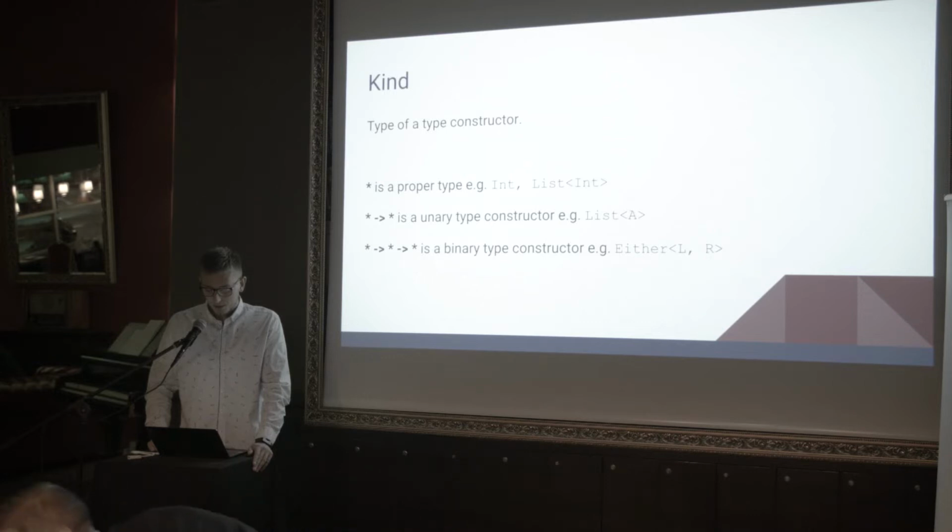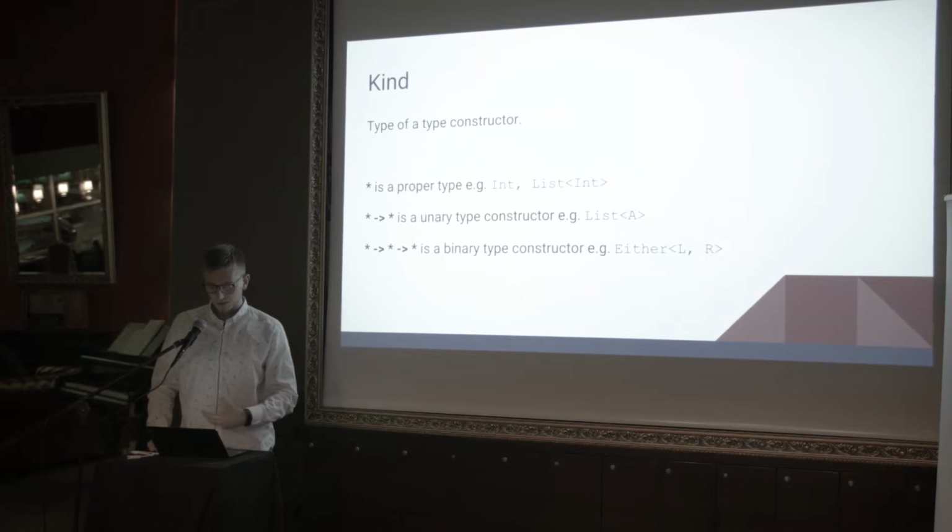For example, Either of L of R. We can partially apply these generic parameters. So we can at first apply this L type, then R, and finally receive Either type of some type L and some type R. Is everything clear? Some questions?